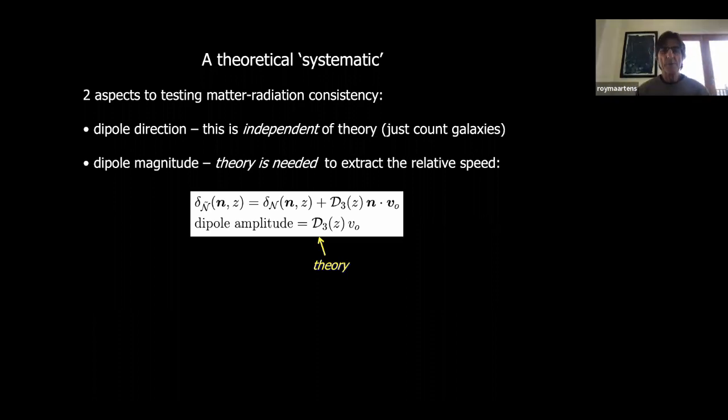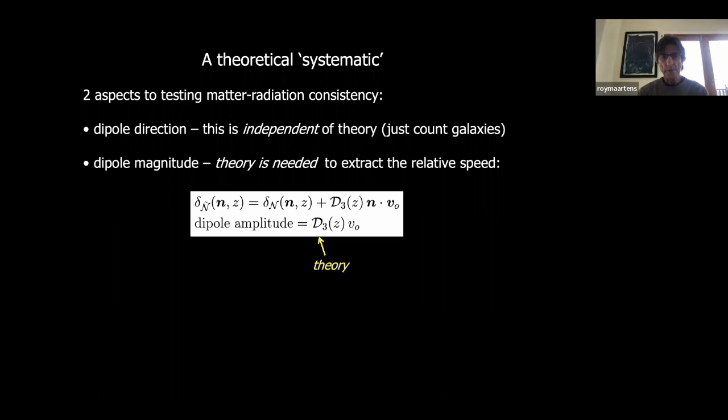So I'm just repeating this formula here, but now specifying the fact that the actual dipole that we're talking about is redshift dependent. So the number density contrast for the moving observer is the stationary number density contrast, the one who's at rest relative to the matter, plus a dipole correction at each redshift, which I'm calling D3 just to emphasize that it's three-dimensional.